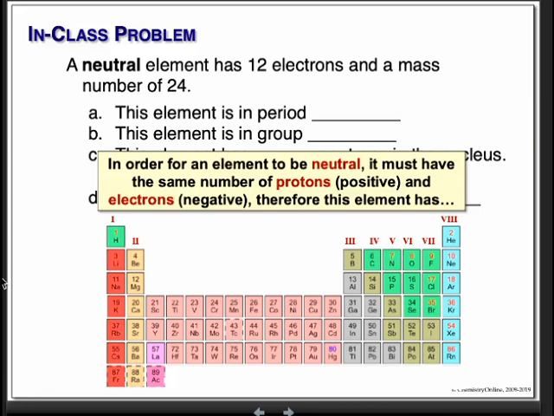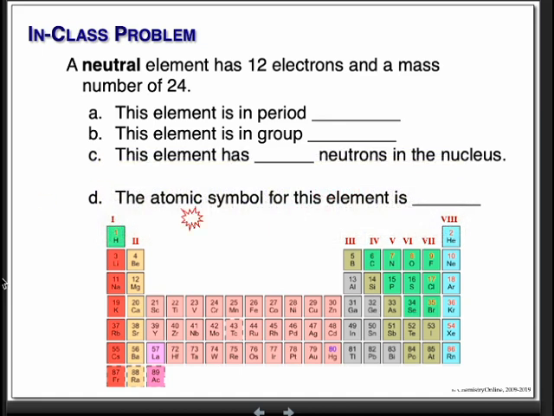So if we have 12 protons, the atomic number must be 12. And that puts us here with magnesium. So go ahead and fill in the blanks here, knowing it's magnesium.